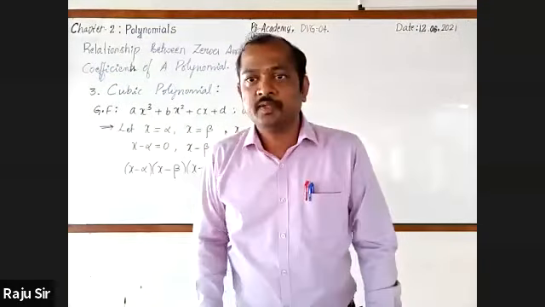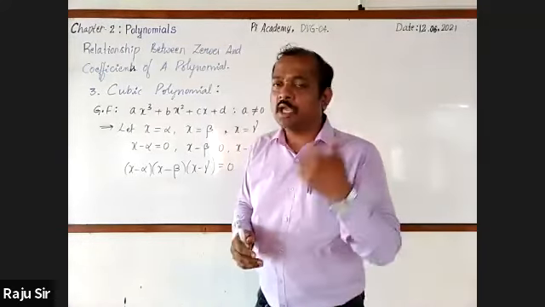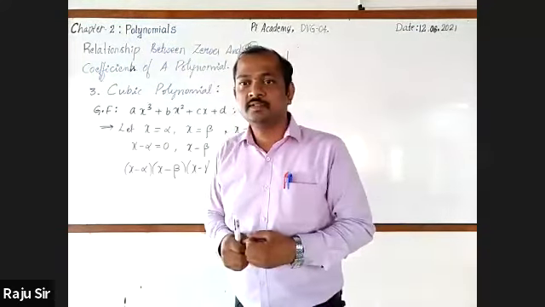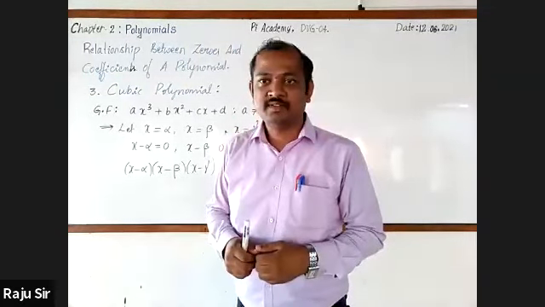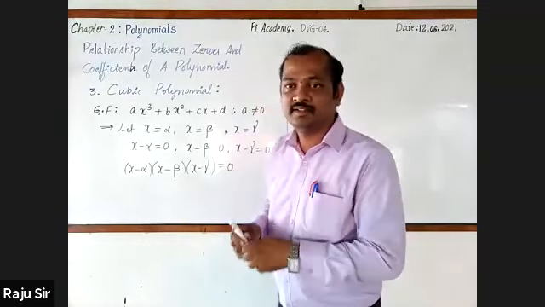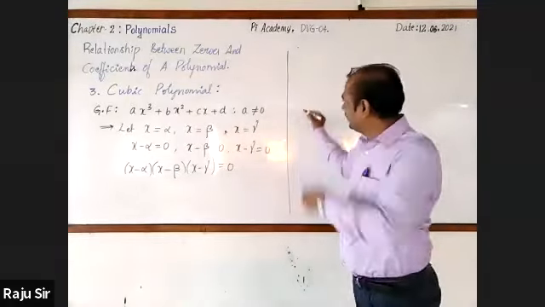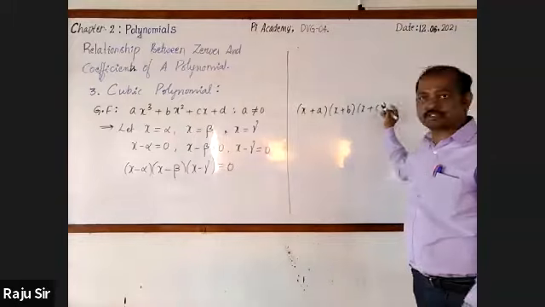Dear students, just by observing only the left hand side part, can we recall an identity? Yes or no? Then what is that identity which I learned in 9th standard? x plus a into x plus b into x plus c. Don't read, just observe.